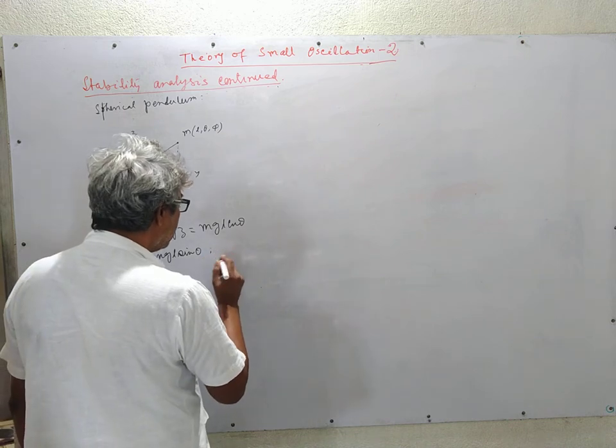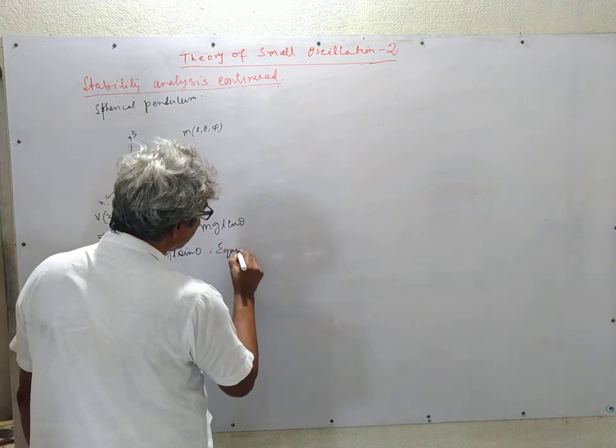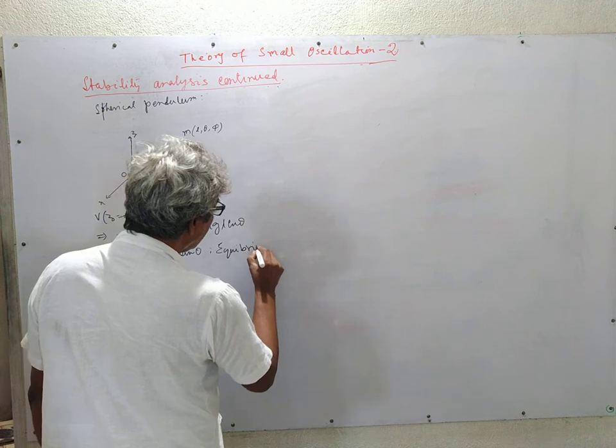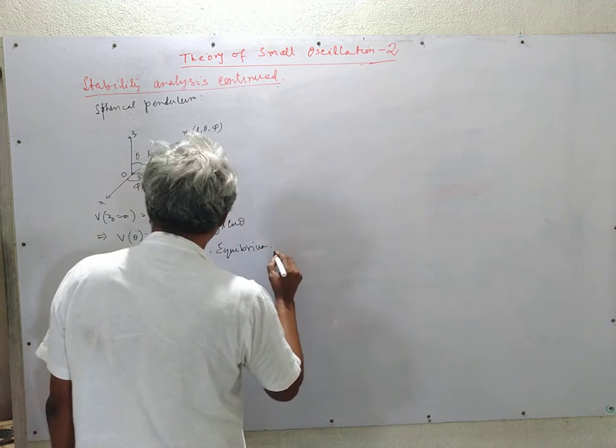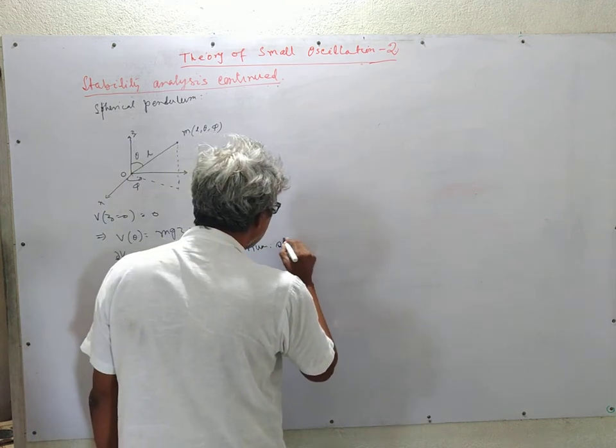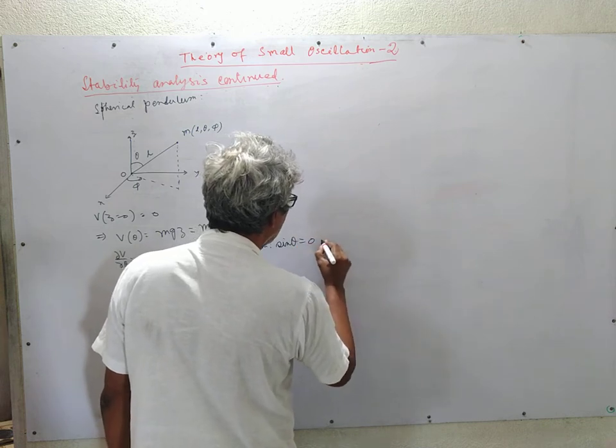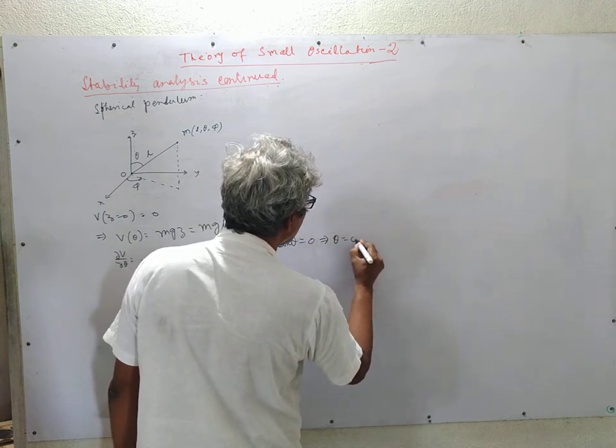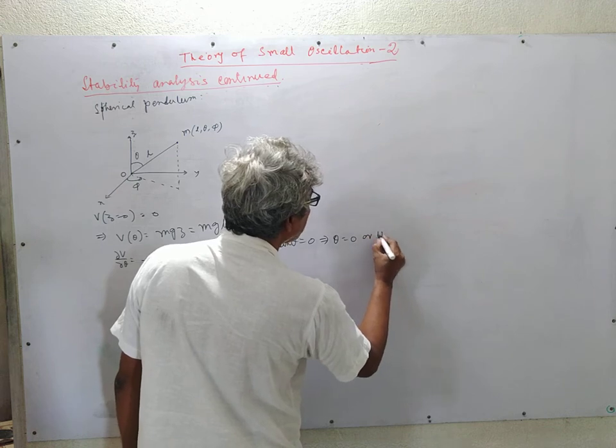So for the equilibrium point we have sin theta equal to 0, which indicates theta is equal to 0 or pi.